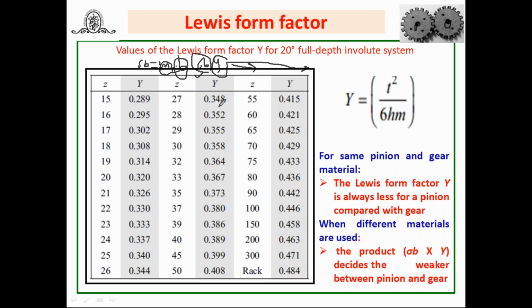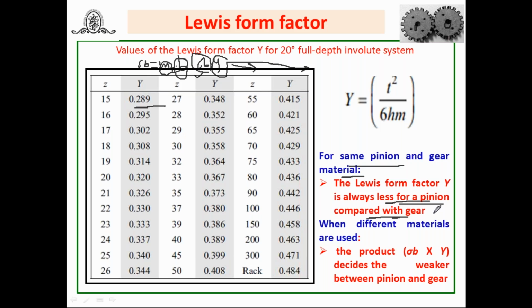And for a pinion, the number of teeth is always less than the gear, and therefore you will find the value of this Y is also lower than for the gear. Therefore, for the same pinion and gear material, the Lewis form factor Y is always less for the pinion compared with the gear. For that, you can refer to this chart. Based on that, we can make the statement here: the pinion is always weaker than the gear.